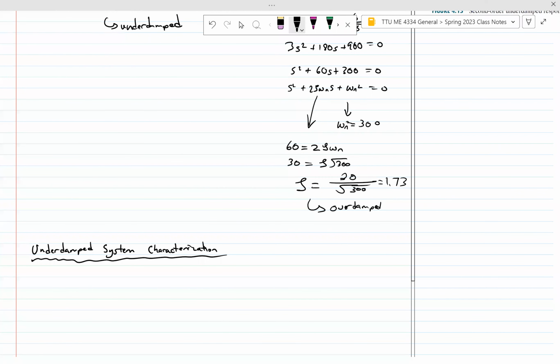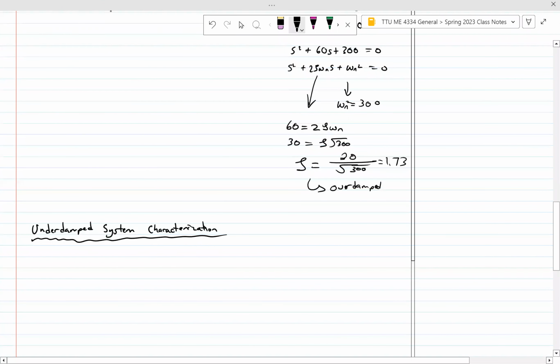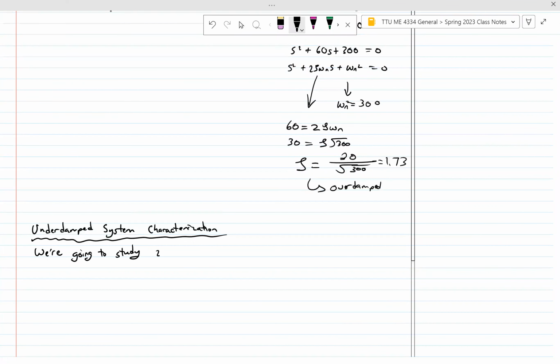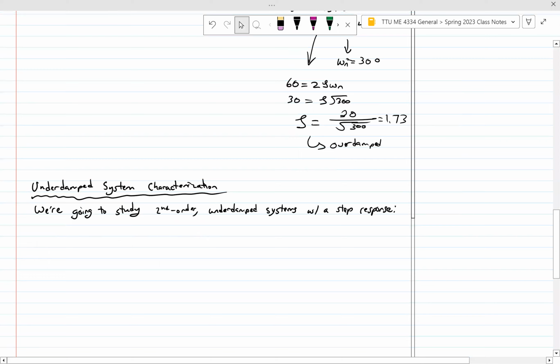For this part, we're going to study second order underdamped systems with a step response. Very often, especially when we get to control, we're typically analyzing them with respect to step responses. That's kind of the baseline that we tend to look at.